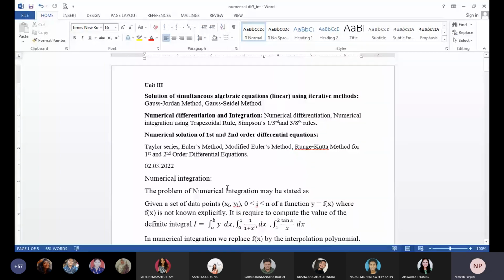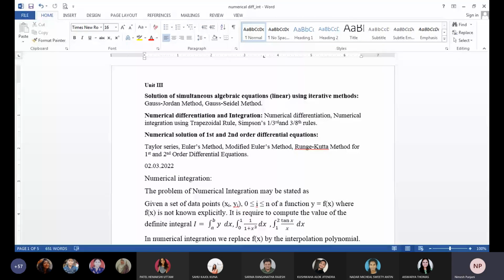So this is the second part of Unit 3 where we will be discussing numerical differentiation and integration. Last time I explained, and again I will repeat, when you have to apply this technique of numerical integration. You apply numerical techniques when you are not able to get the solution using your traditional methods.